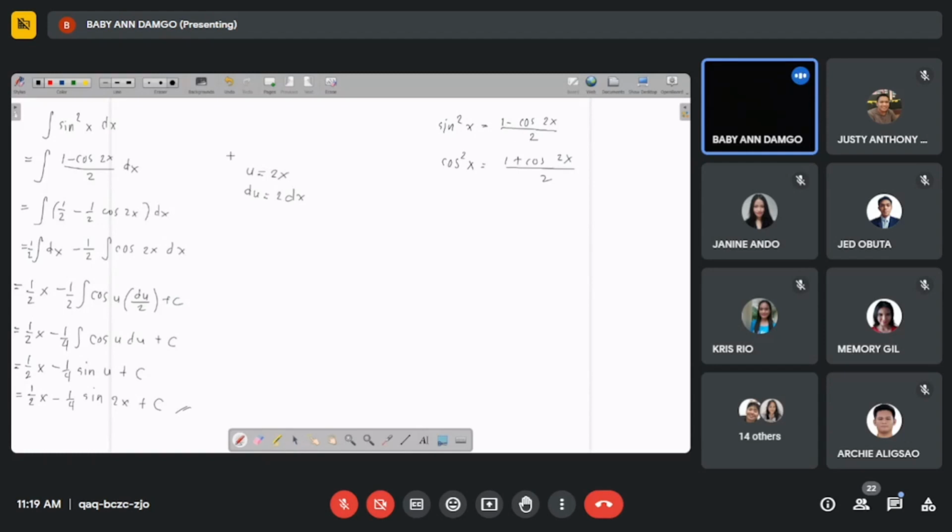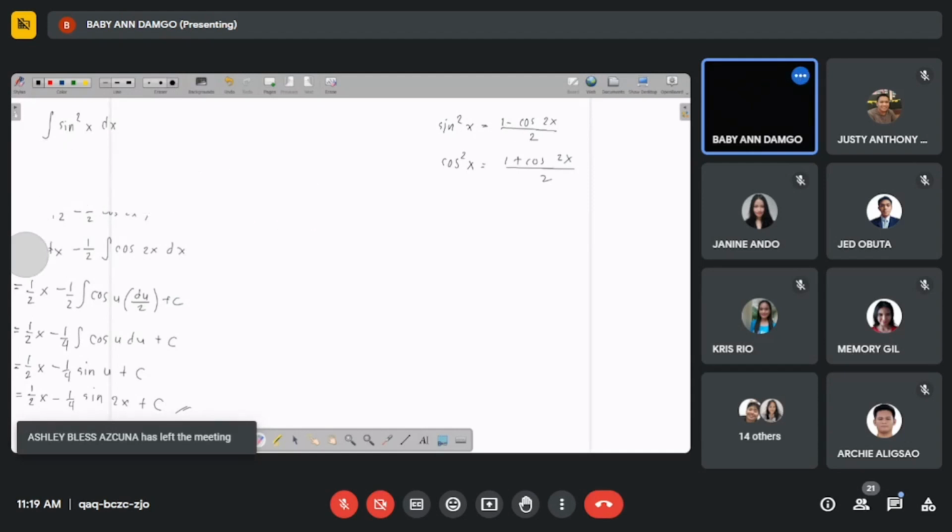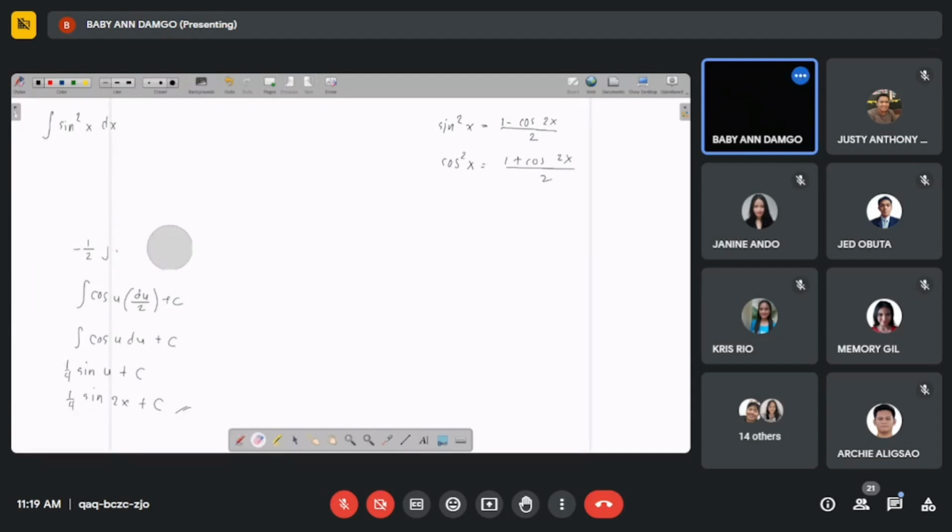So another example. So what if fourth? Okay, so we have the integration of cosine to the fourth x dx. So ang buhaton ani class is pwede na siya i-write as cosine squared x to the power of 2 dx.